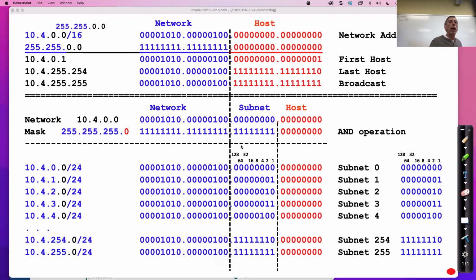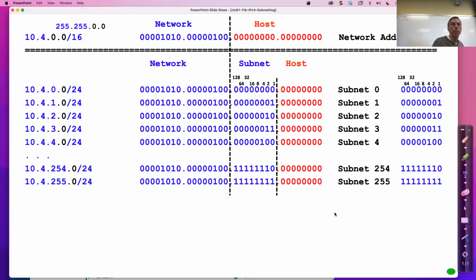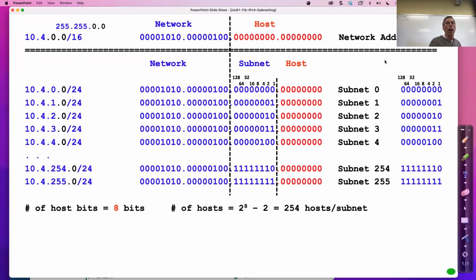Okay, so what we've done is internally we created these subnets. So now instead of having one network of 65,000 plus hosts, we can have 256 subnets of 254 hosts each. Okay, so now what do we have for subnets?